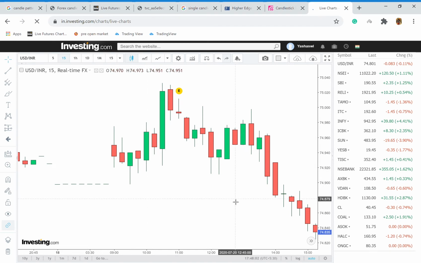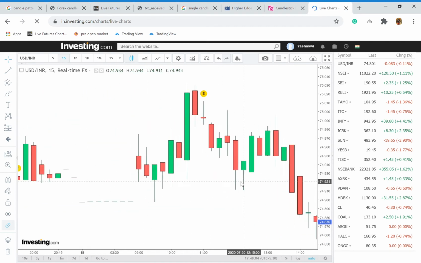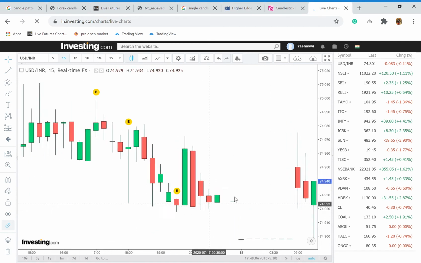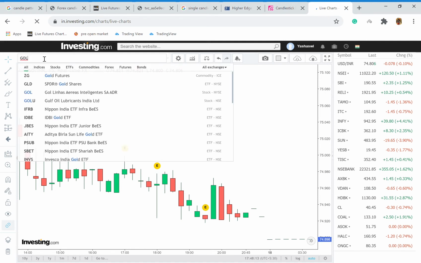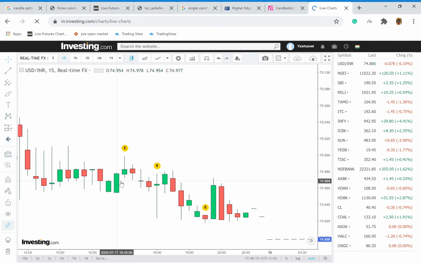Let's see some of the candles here. If you see this 16:45 candle, it doesn't have an upper wick or lower wick, or only a negligible wick.